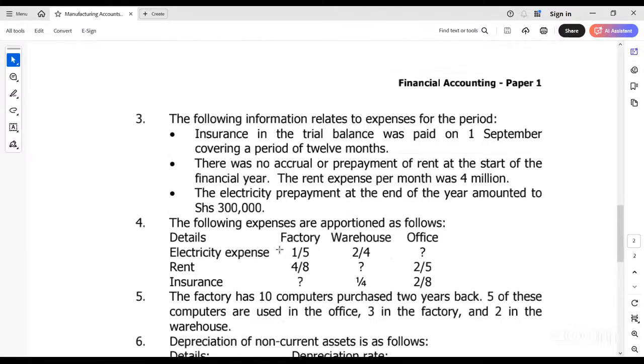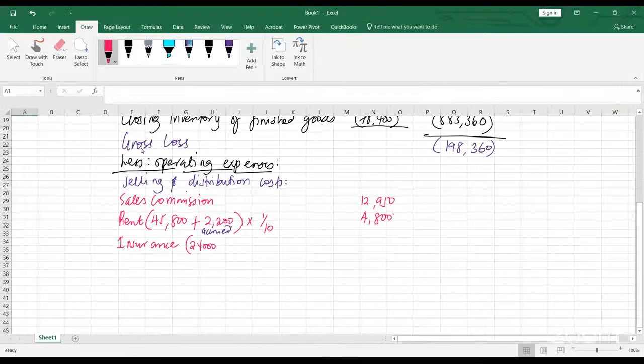So we had accounted for September, October, November, December, meaning that out of this insurance of 24,000, I need to get only 4 out of 12 months.